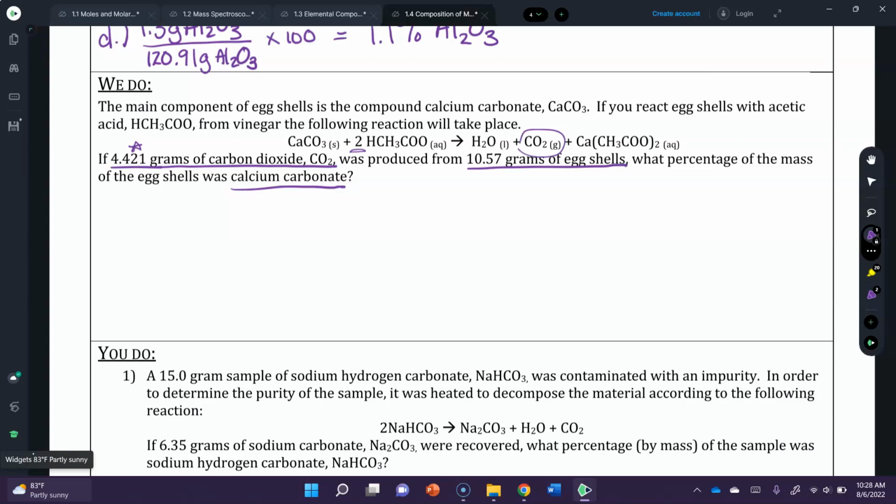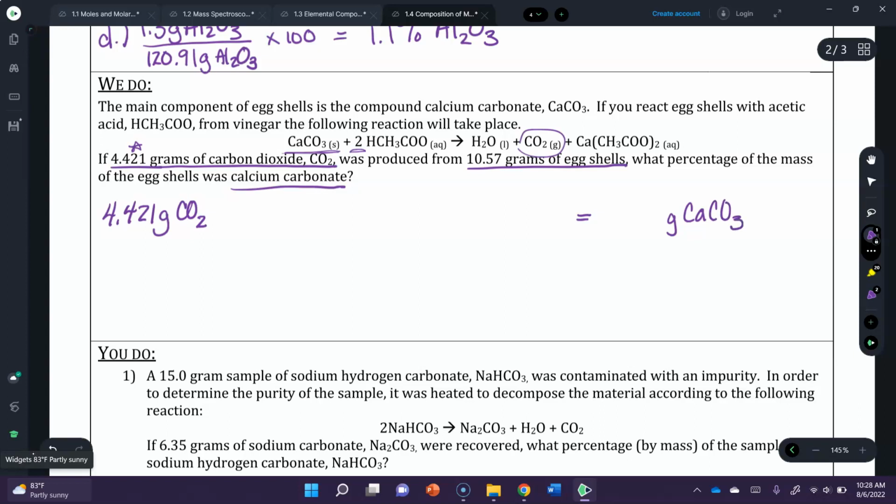So we have a specific part, and we can change that into the mass of calcium carbonate, and then determine the percent composition. So what I want you to do first is to figure out from the 4.421 grams of carbon dioxide, what mass of calcium carbonate did it come from? So what is the mass of calcium carbonate in the eggshells?